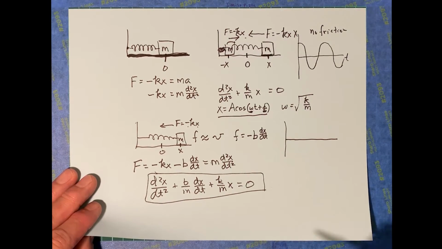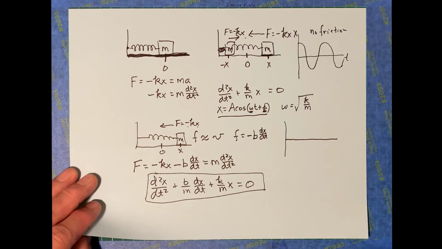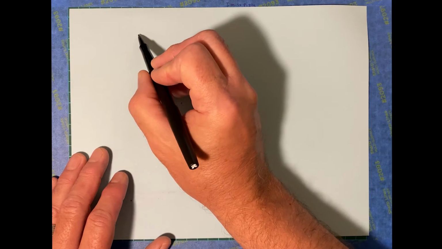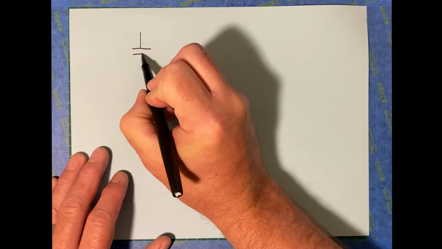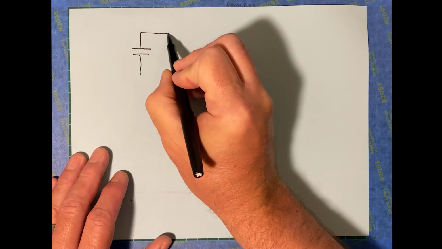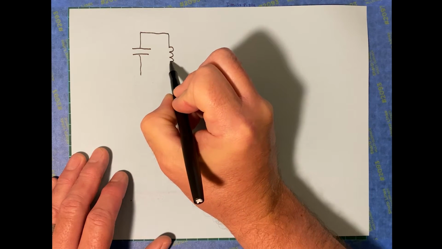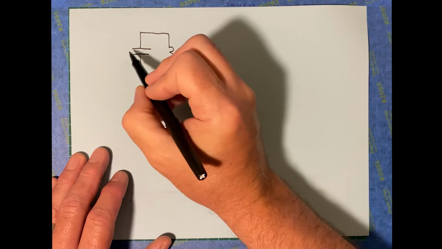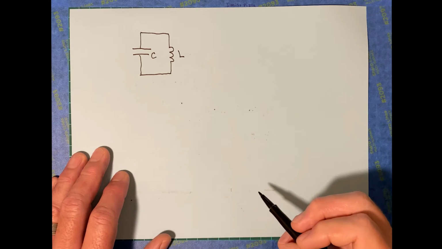There's an oscillation here. Now you might ask, where does that oscillation come from? Well, it comes about because of the fact that you've got the inductor and the capacitor in here. So let's just spend a minute talking about that, so you can maybe get an idea of where the oscillation comes from in the first place. There's the inductor, there's a capacitor.